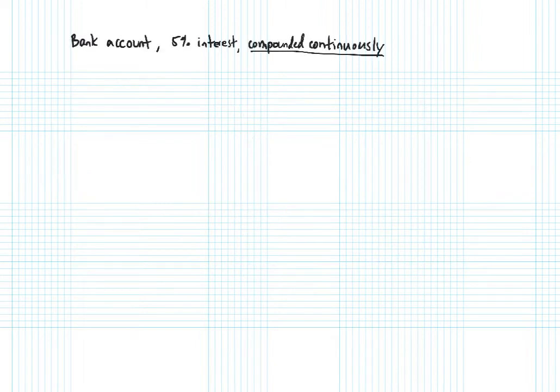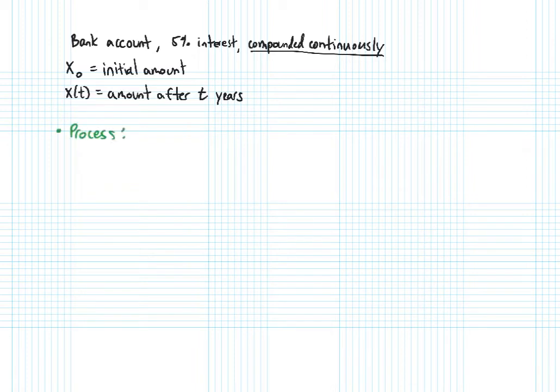Now, there's also a continuous version of this same problem, where the interest is compounded continuously. So again, we'll let x naught be the initial amount of money, but now, instead of having x1, x2, and so on, we would describe the amount in the account by a function of t, where t varies continuously. Now, this is something that I'm sure you've done in your calculus classes, so I don't really have to explain where it comes from.